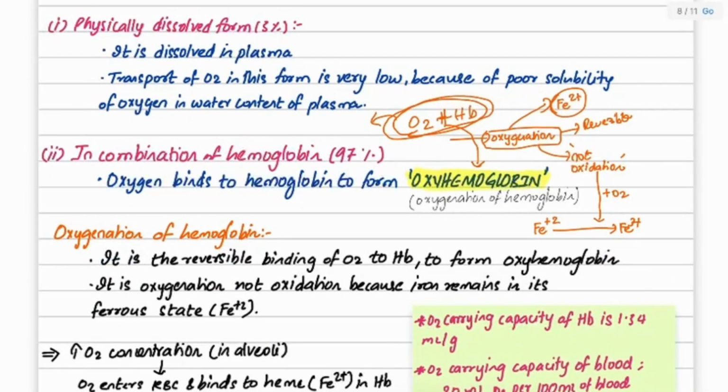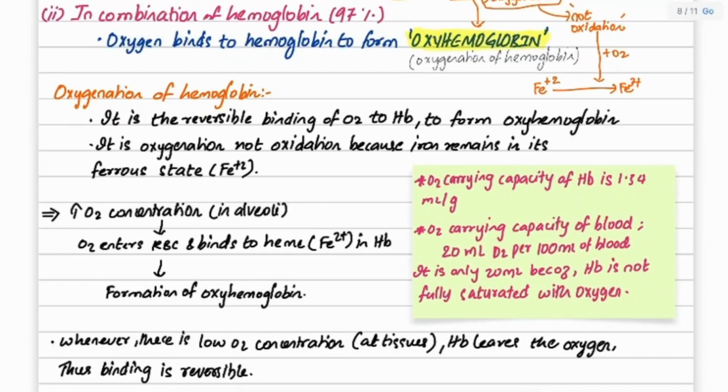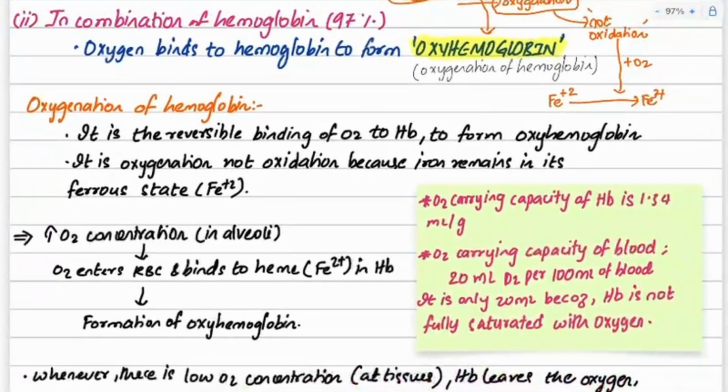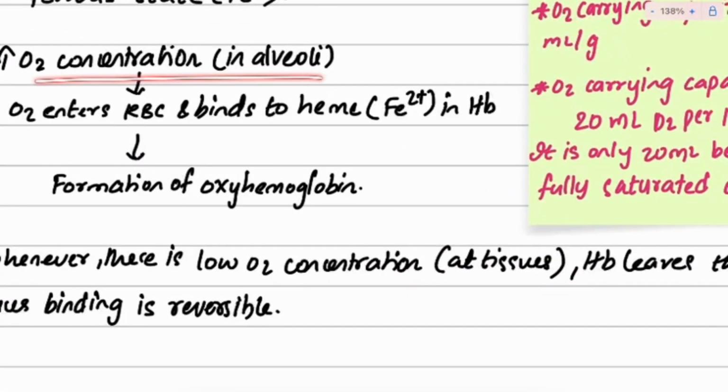Okay, now let us talk about this process of oxygenation. So what exactly happens is, when the concentration of oxygen is high, basically the concentration of oxygen is high at the level of lungs or at the level of alveoli, this O2 binds with hemoglobin in the blood, and it gets oxygenated to form oxyhemoglobin.